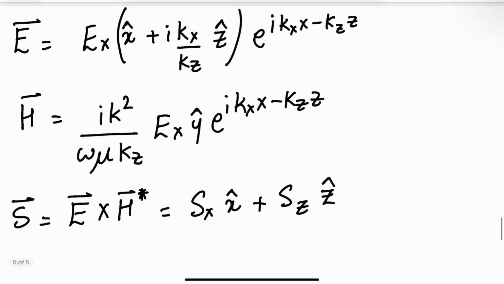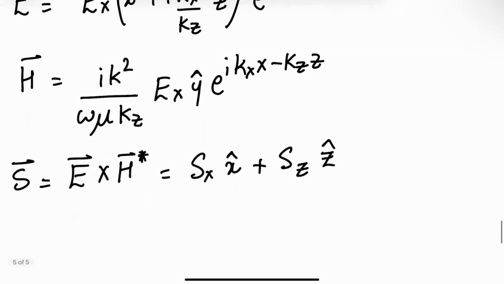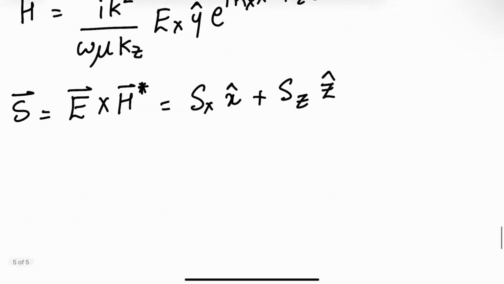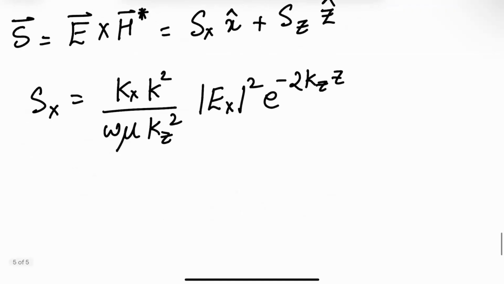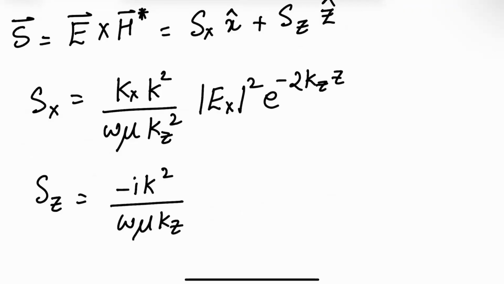Because when you do x hat cross y, you get z, and z hat cross y, you get x. So you don't have any y component left. So if you calculate the terms, you get Sx equal to Kx K square over omega mu Kz square, mod Ex square e to the minus 2 Kzz, and Sz turns out to be minus i K square over omega mu Kz, mod Ex square e to the minus 2 Kzz.